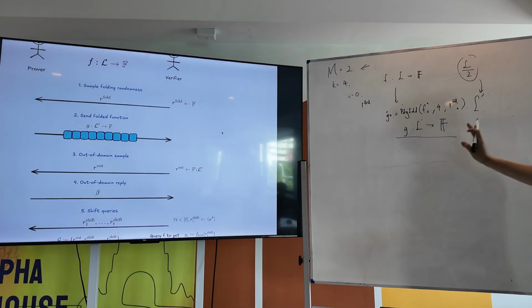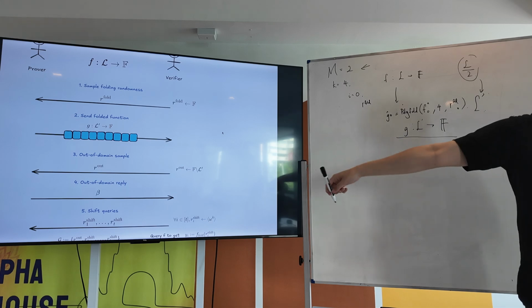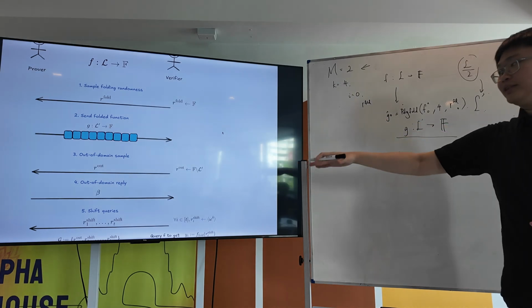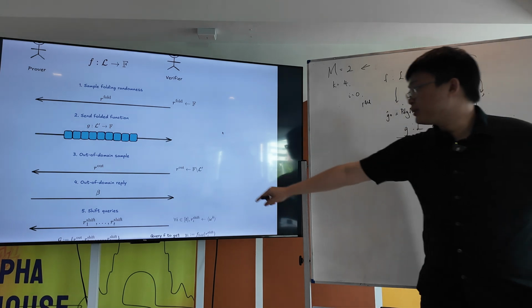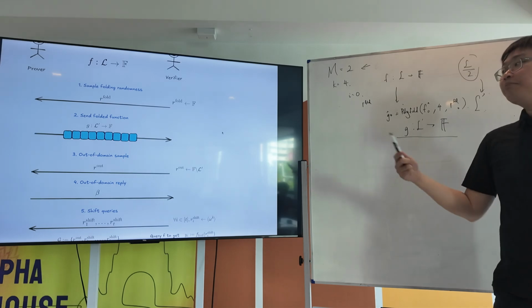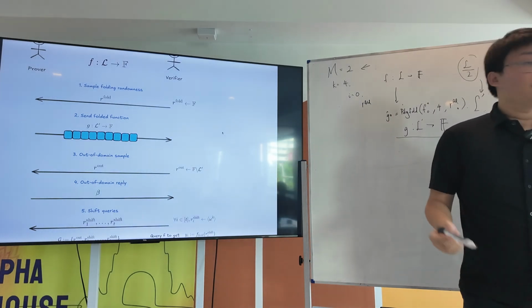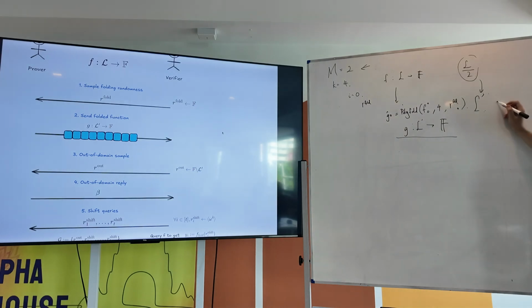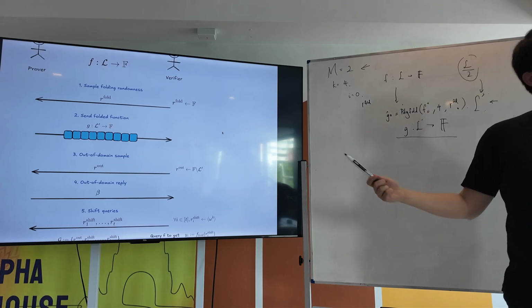With this done, the next step is what we call out-of-domain sampling and replying. The verifier will send over this r_out, a random value sampled from the finite field used, excluding what is in L prime, hence the name out-of-domain.